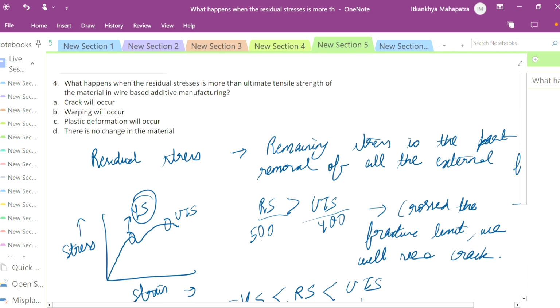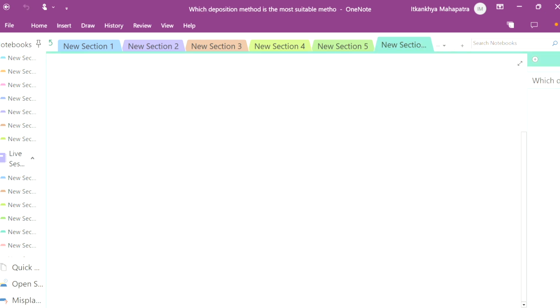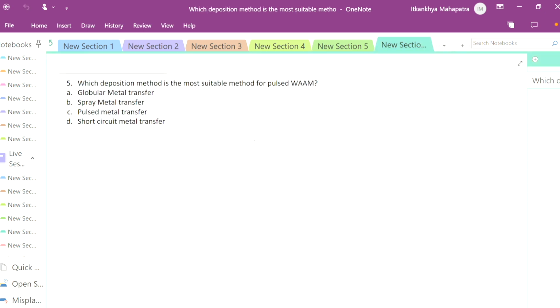So according to the question, what happens when the residual stress is more than the ultimate tensile strength? So simple, a crack will occur. Okay. So related to this question, we'll again discuss. This is just a common question related to data oriented, like which deposition method is most suitable for pulsed wire additive manufacturing process, and the correct answer is pulsed metal transfer.